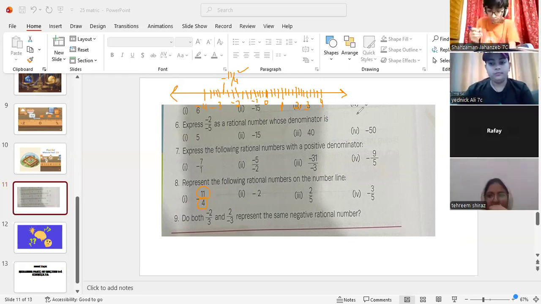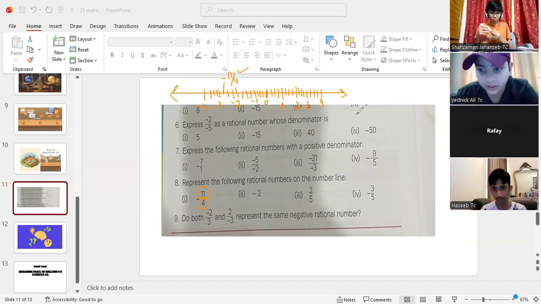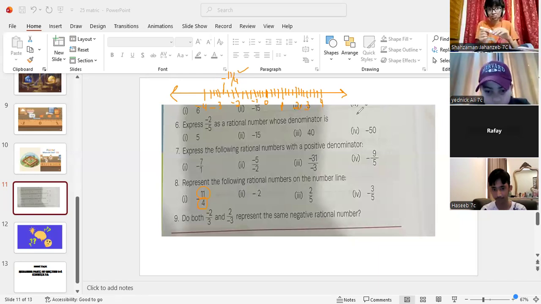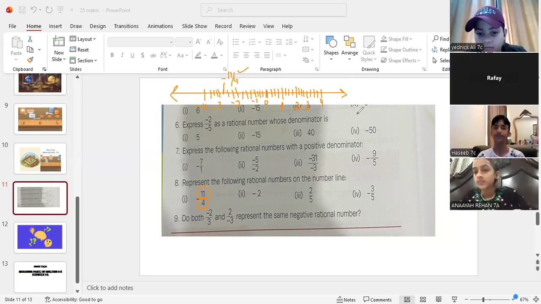Yes, Yadnik. Ma'am, I do not understand. Speak loudly. Ma'am, the number line. Which part of the number line?